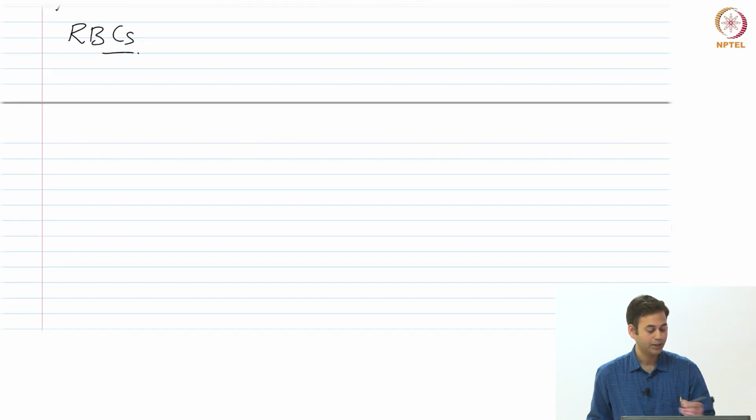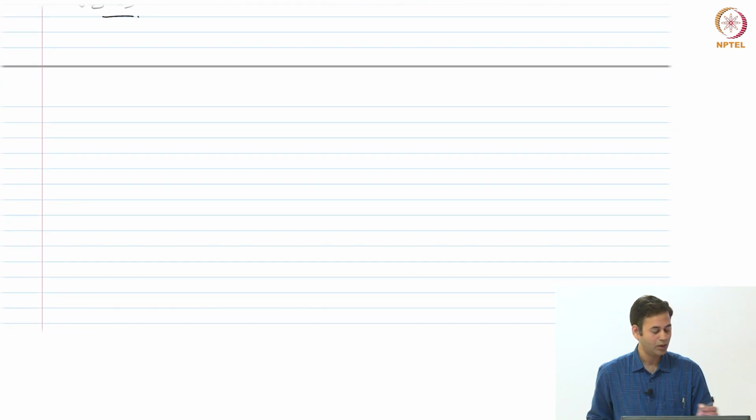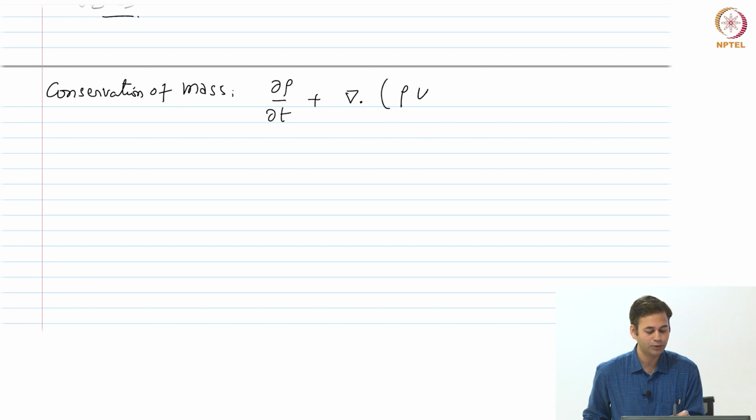Now, just like the conservation of mass, where we derived partial rho partial t plus del dot rho u bar equals 0, we said there is a local change of density, and then we have net flow out of the fluid element that we have considered.